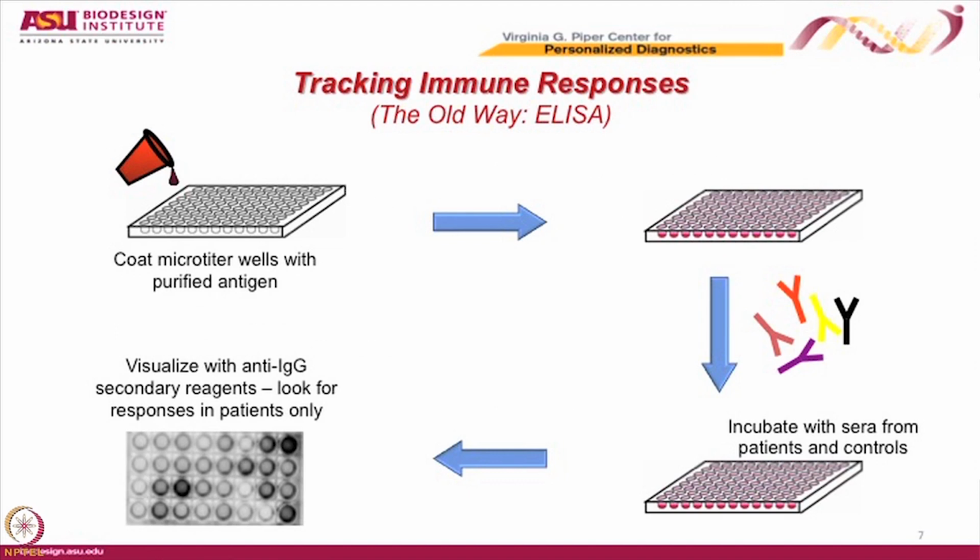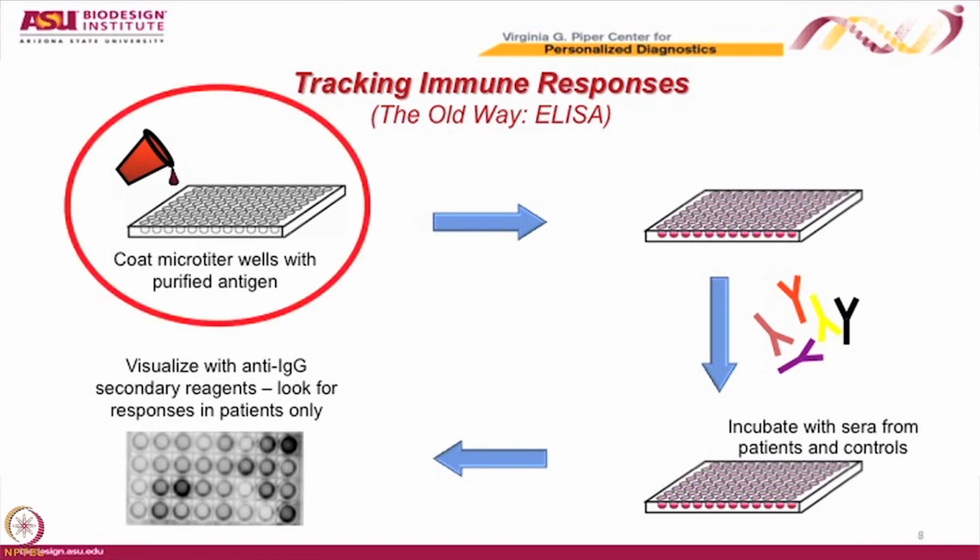So you remember, I think we talked about this, but I'm going to reiterate a few things in the next few slides, that the classic way to measure an antibody response is this assay called the ELISA assay, which stands for enzyme-linked immunosorbent assay, but nobody says that, they just say ELISA.